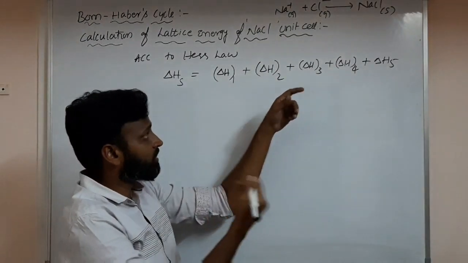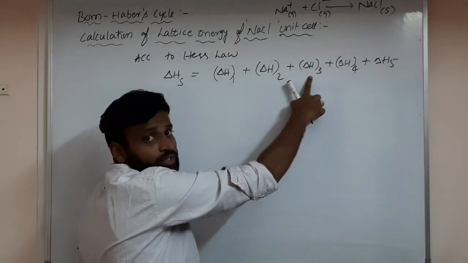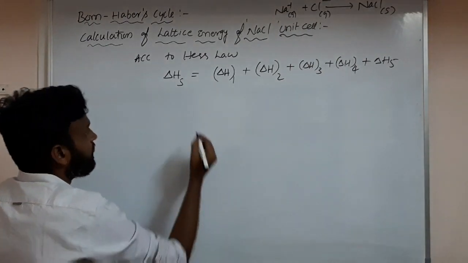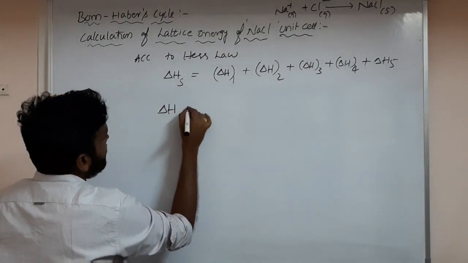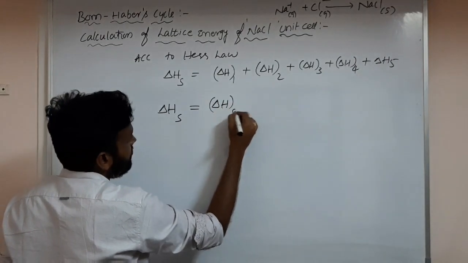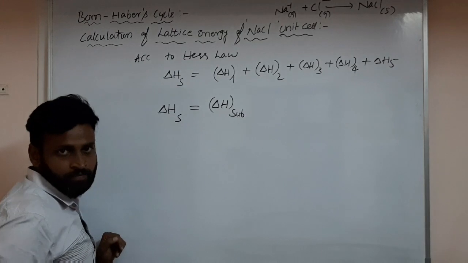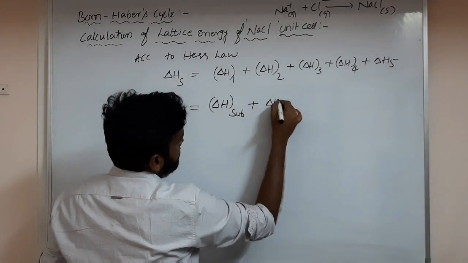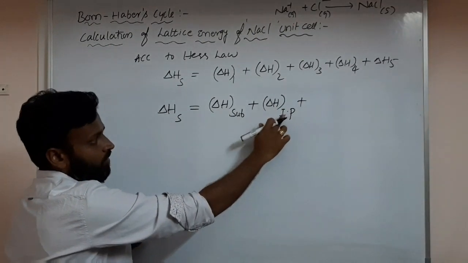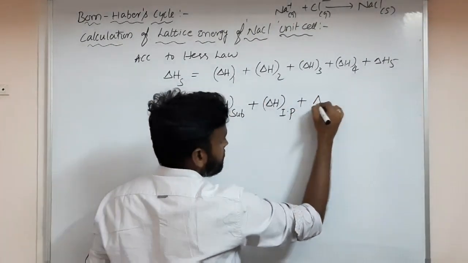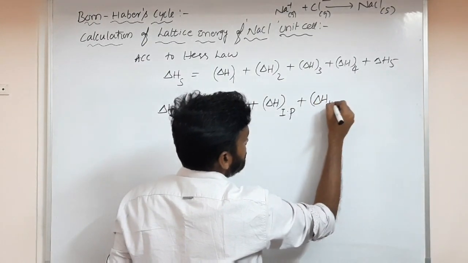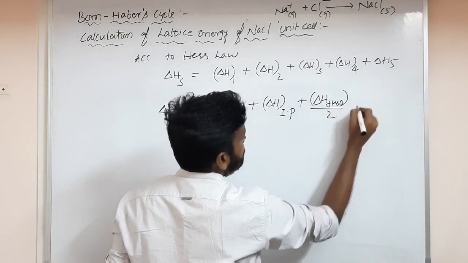So if you have written, you can check now. Third step, dissociation of Cl2. Fourth step, electron gain enthalpy. Fifth step, lattice energy. Correct? So now delta H single step is equal to delta H sublimation, plus delta H ionization potential, which means the amount of energy required to remove an electron, plus delta H dissociation by 2.